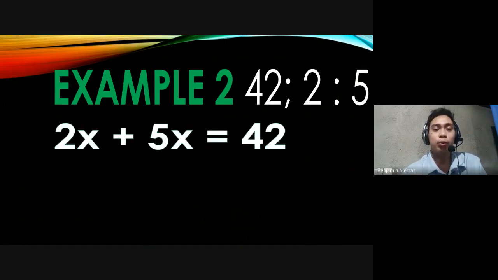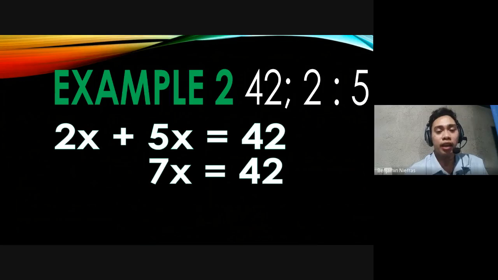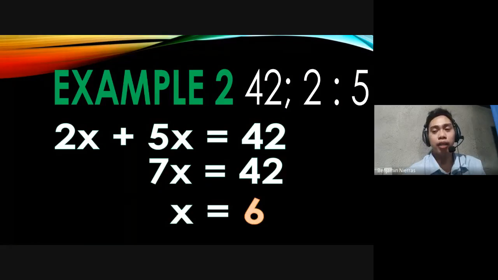So our solution would be 2x plus 5x is equal to 42 as our new equation. By following the APE, addition property of equality, we have 7x by adding 2x plus 5x equals 42. Divide both sides by 7, or simply MPE, we will get x is equal to 6, because 42 divided by 7 is 6.